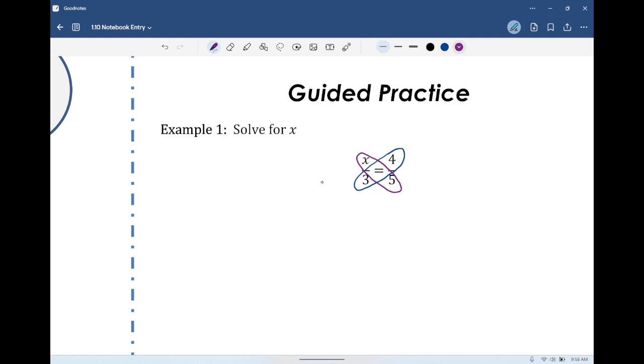These annotations tell me that I am going to multiply the numbers that are in each circle or oval, so each pair. So in the purple one, I have x times 5, and that's going to be equal to, and then in my blue one, I have 4 times 3.